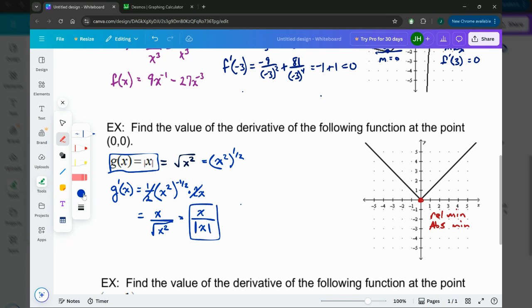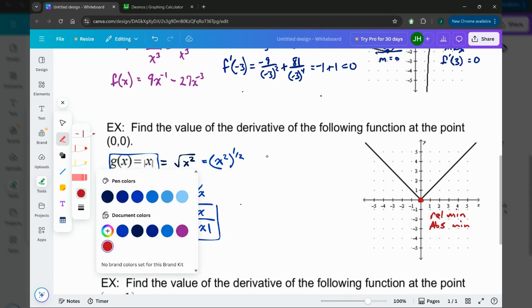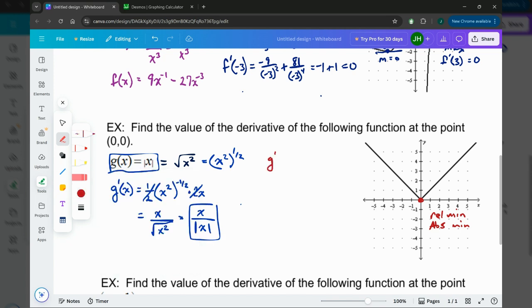Now what I want to do here is figure out what the derivative value is at 0. This would be 0 over the absolute value of 0, which is undefined. So wait a minute. In the previous problem we said the value of a derivative at a relative max or a relative min could possibly be 0.